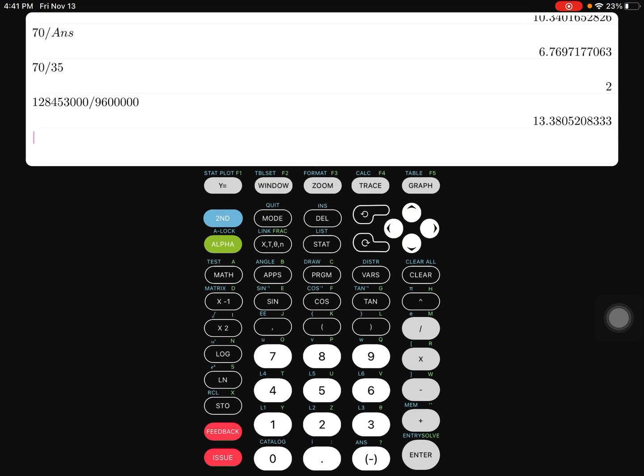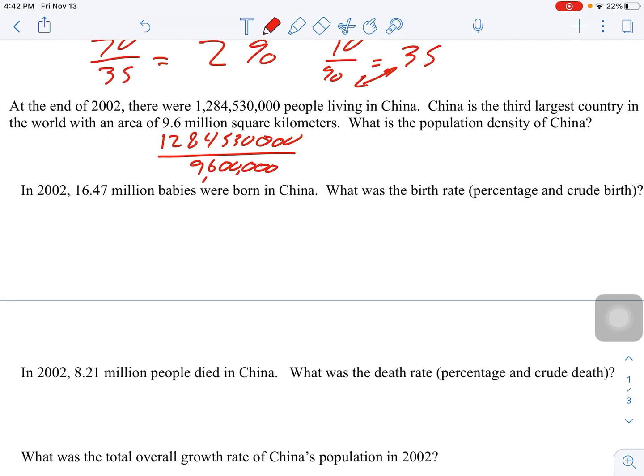I think it's supposed to be bigger than that. Oh yeah, I see what I did wrong. One too many zeros there. Is there an extra zero supposed to be here? Yep, there you go. There's our problem. So we have 1,338 people per square kilometer.